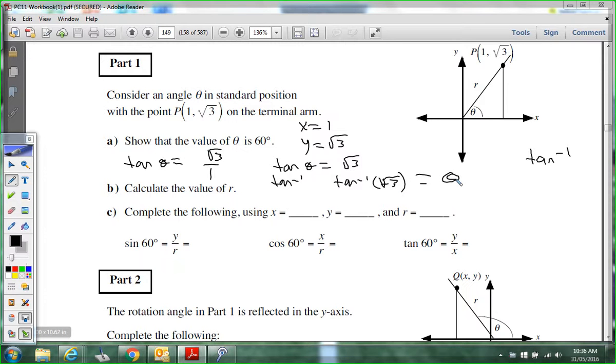Everybody please try that really quickly. You're going to hit second tan, put root 3 in there, and you should get 60.